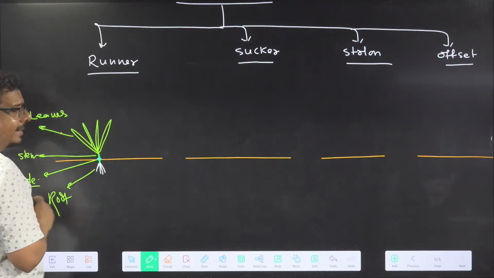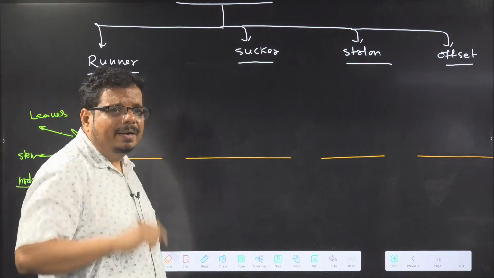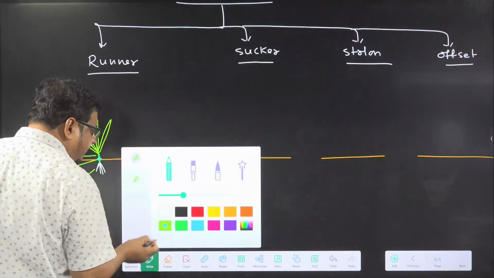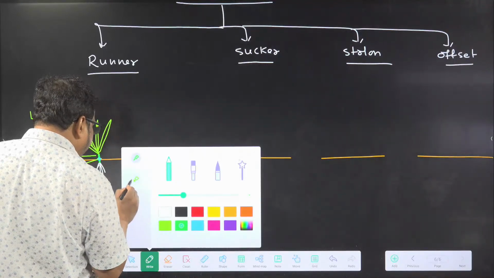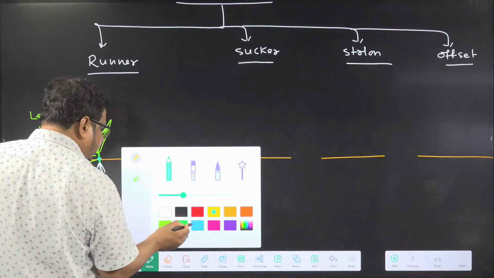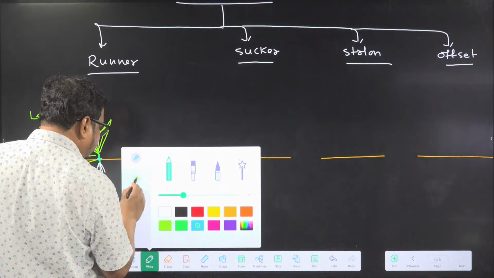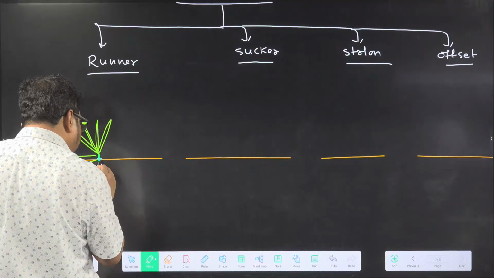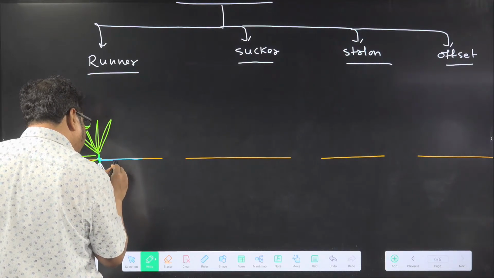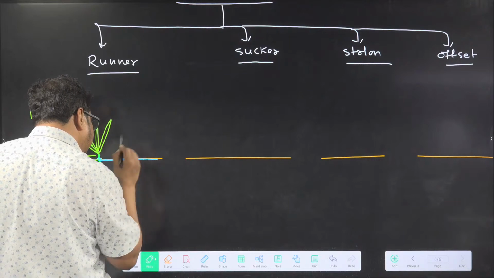New branches arise from which one? Axillary bud. So from the node, the axillary bud is arising. And how is this axillary bud arising? Just have a look. This is the axillary bud arising like this, beneath the soil, just touching the surface of the soil or under the soil.